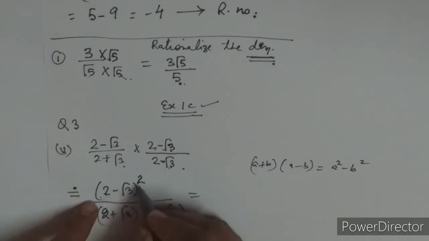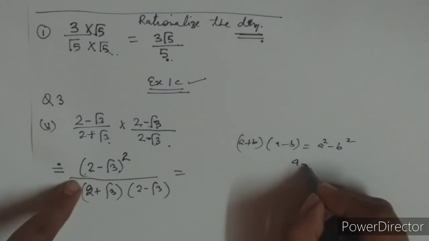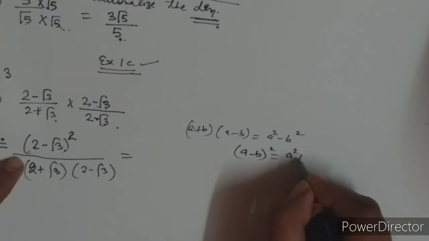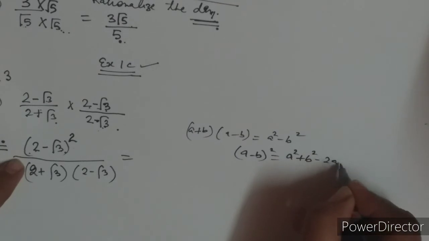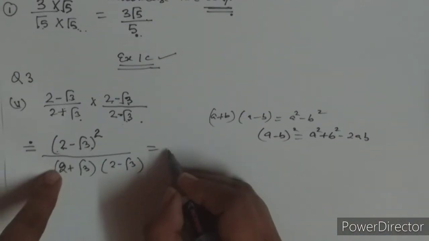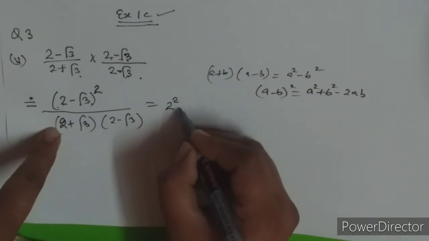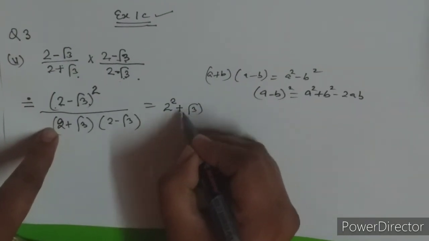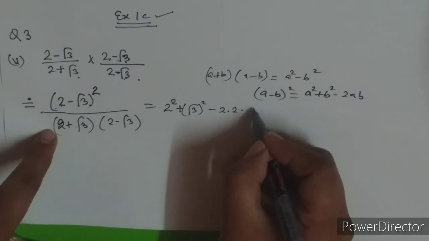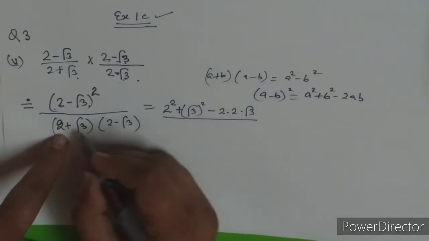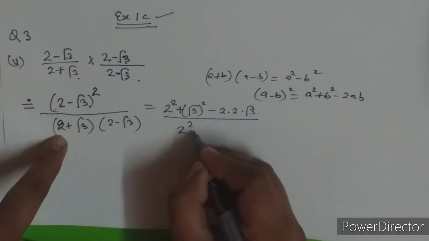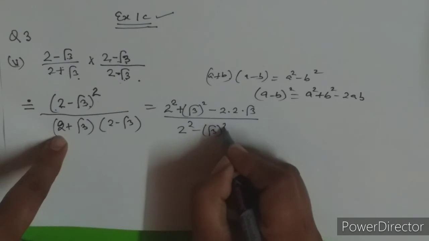Finally, which identity are we going to apply here? A minus b whole square. All of you remember? A square plus b square minus 2ab. So what is a? a is 2 and b is root 3. I should write 2 square plus square root of 3 whole square minus 2 into 2 into square root of 3, divided by, and down we have a plus b into a minus b, that is a square minus b square.